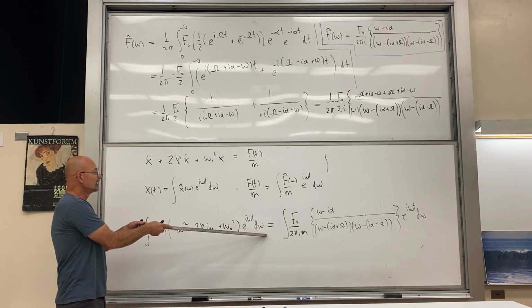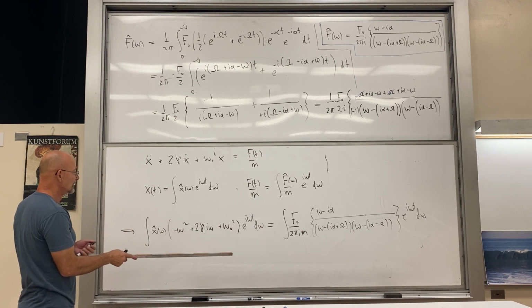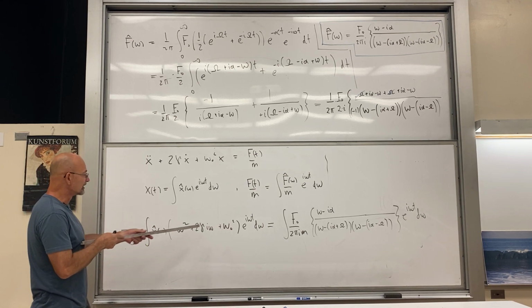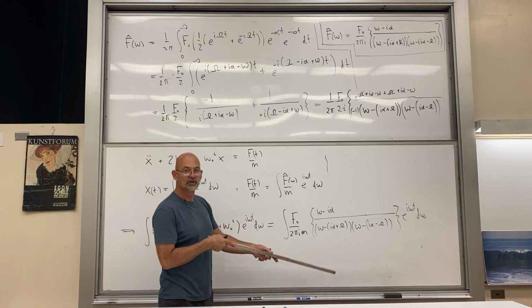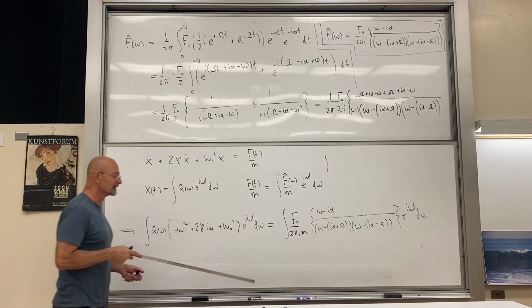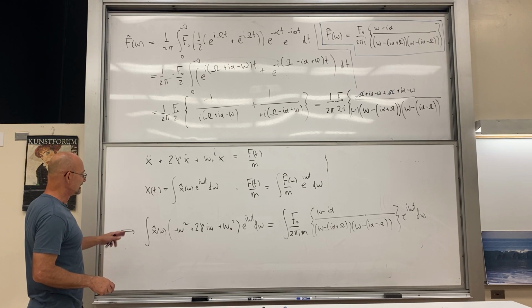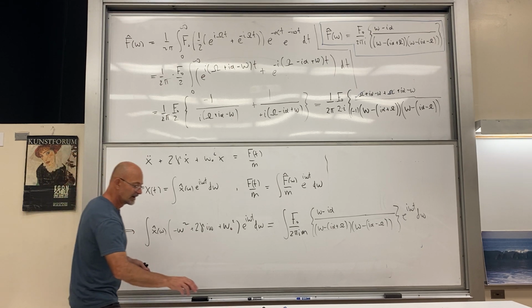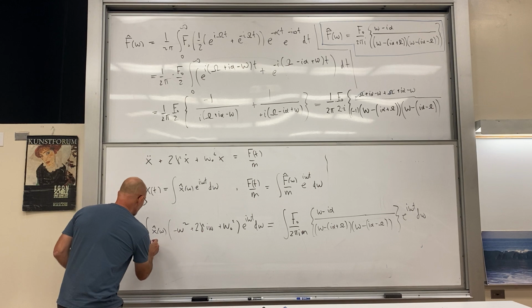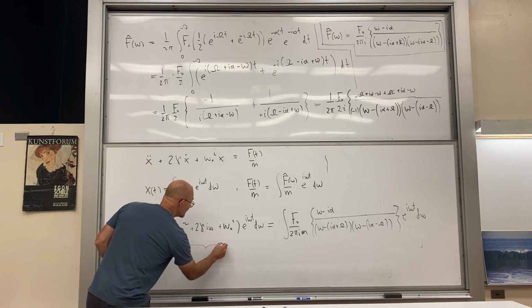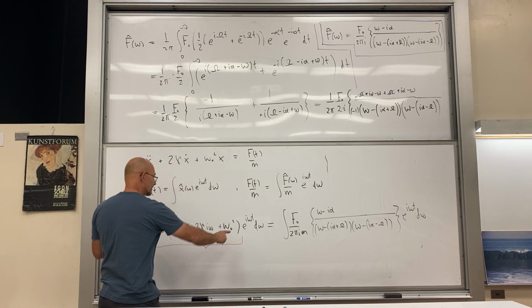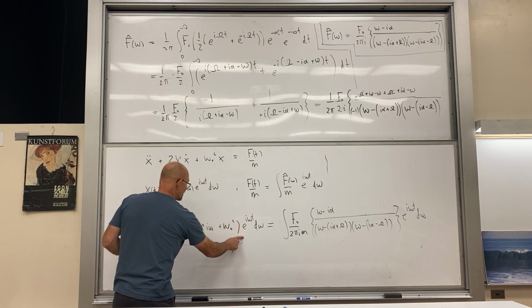So what makes these integrals equal? If the integrands are equal, the integral will surely be equal as well. So that's what we're going to make the claim of. The integrands are equal, so what is the integrand? X hat of omega times this here, leaving off the e to the i omega t, right?